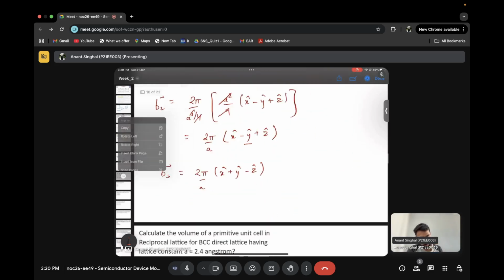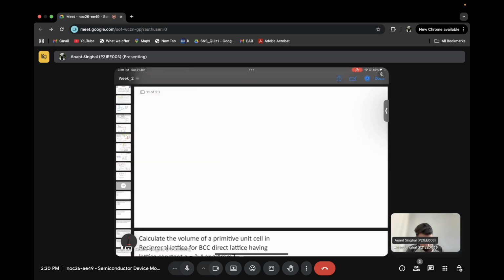Now we just need to calculate the volume. So let's do that quickly. The volume of the reciprocal lattice is nothing but b1 dot b2 cross b3. b1 we calculated as 2 pi by a (minus x plus y plus z).